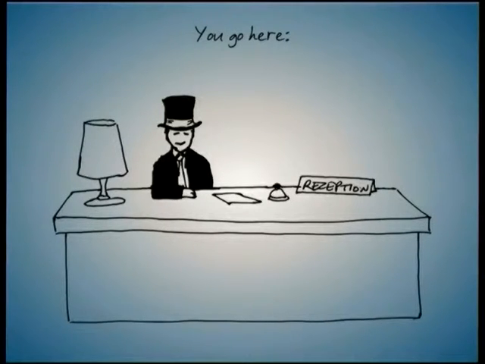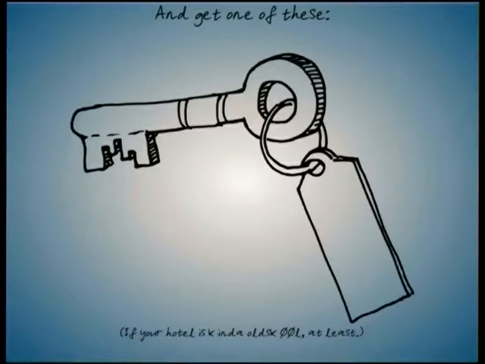And then we are assigned a room and we're given one of these keys. If your hotel is a little more modern than this one, then it may be a key card, but that doesn't matter. You get something to get to your room, and you get the information where your room is.